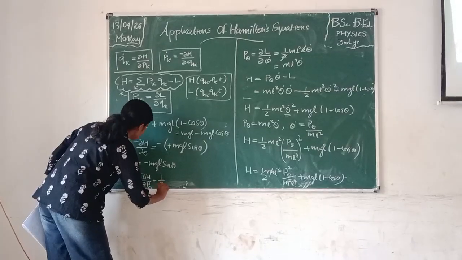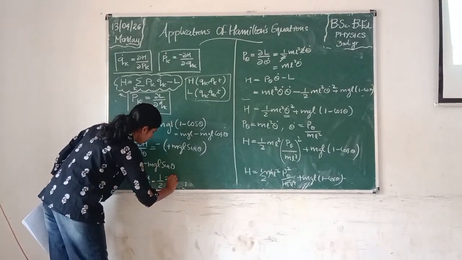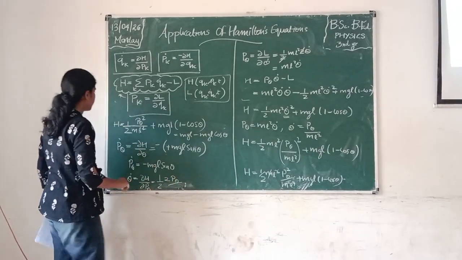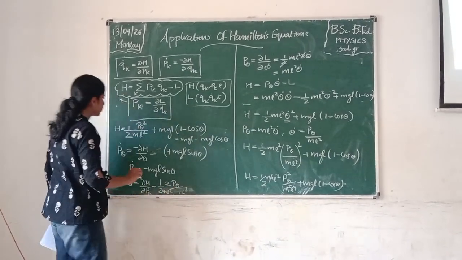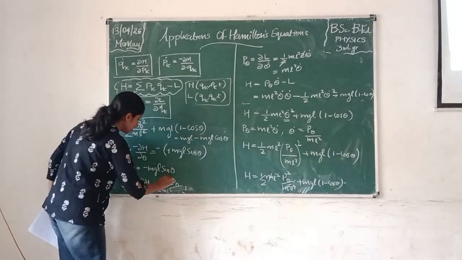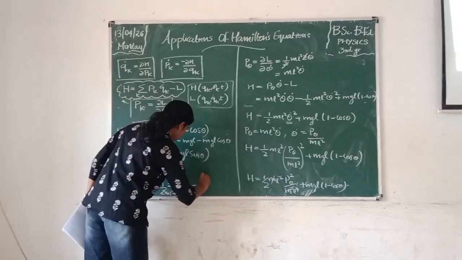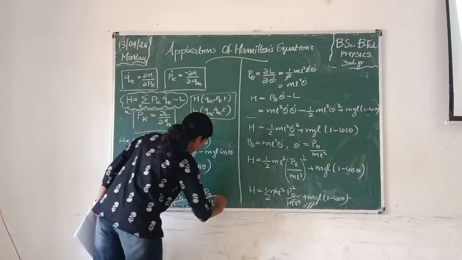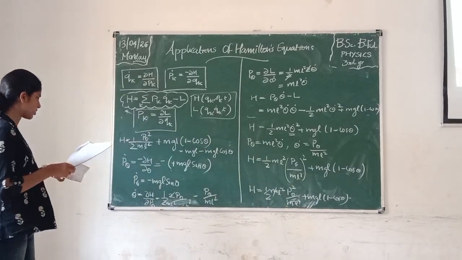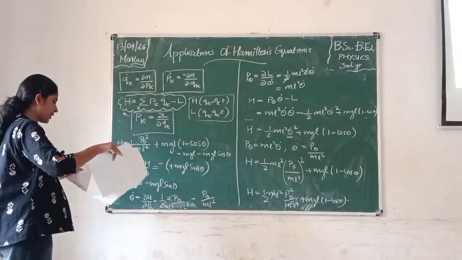Half into p theta square by ml square, half ml square, p theta. Okay, right. Then p theta by ml square is what we are getting for theta dot.